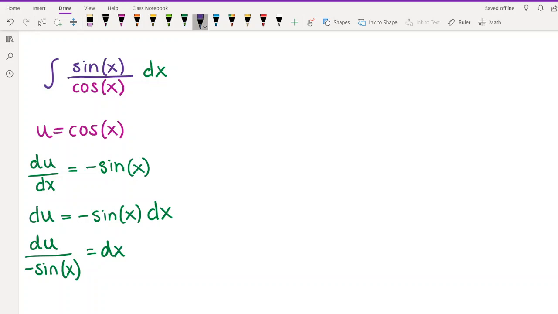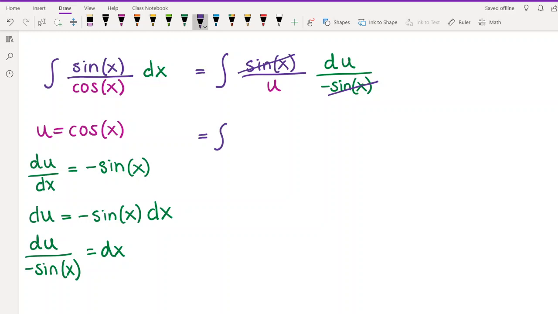And so now we can go in and replace the cosine with u, and replace the dx with du times negative sine of x. So our sine of x's are going to cancel out, and we're left with the integral, and I'll bring this negative sign to the outside because we have an extra negative sign there.